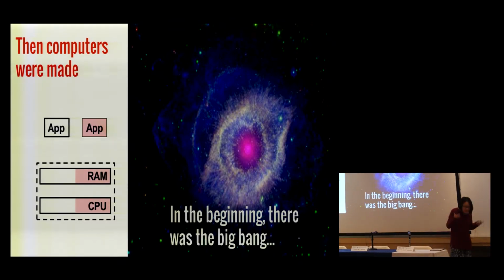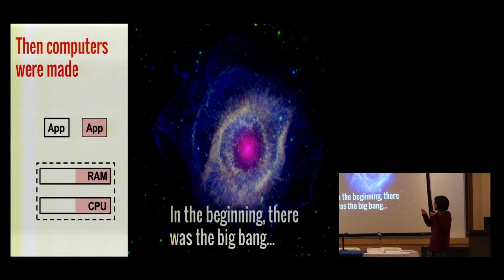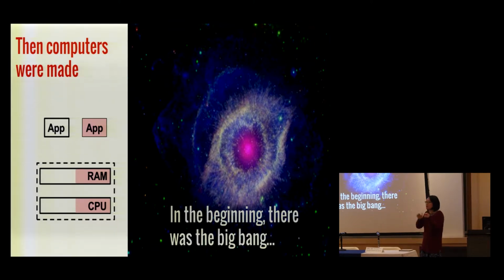Once we have computers, we have this big problem. We have this precious little computer, but we have multiple users and multiple applications that want to timeshare the same set of physical resources. How can we do such sharing?